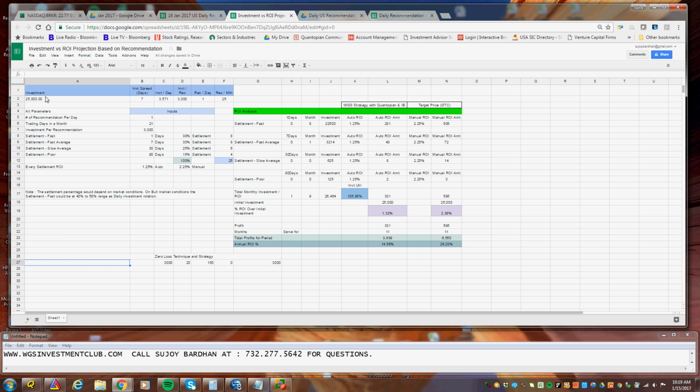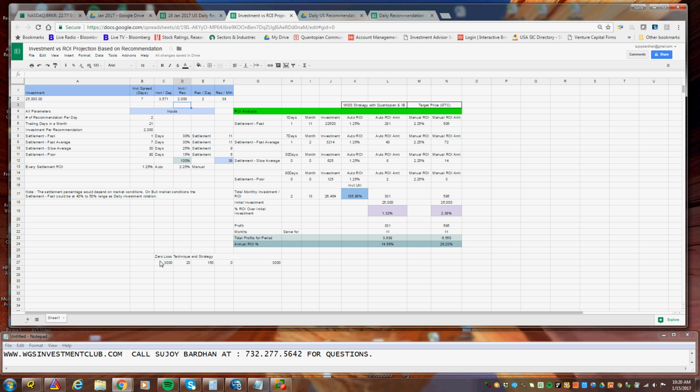So if you take the technique of 25,000 as an investment, where you are spreading it over 7 days, your investment would be around 3,500 per day. And say you are willing to only take a risk of $2,000 per stock.